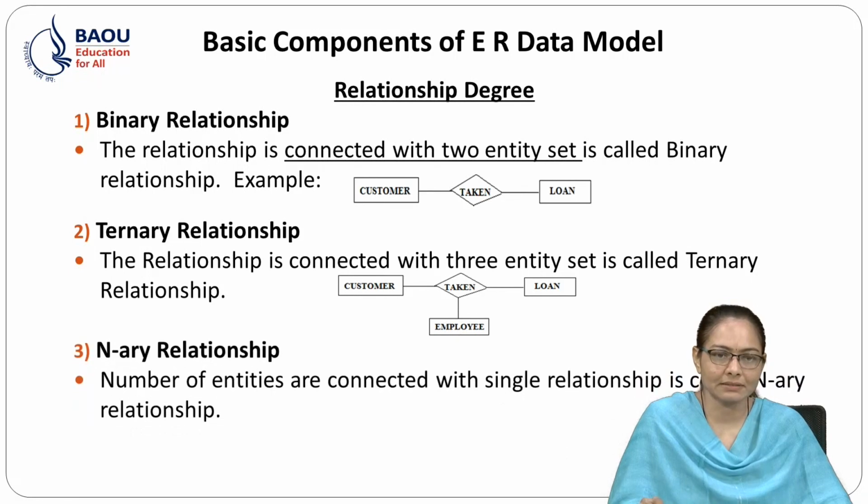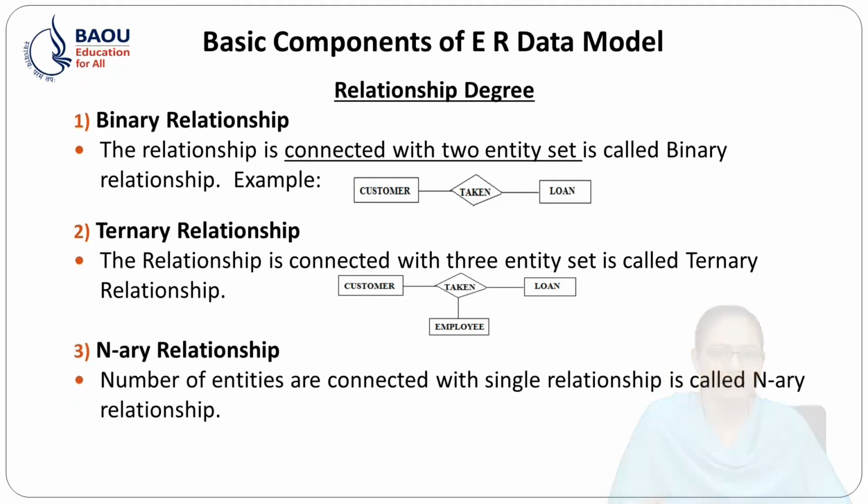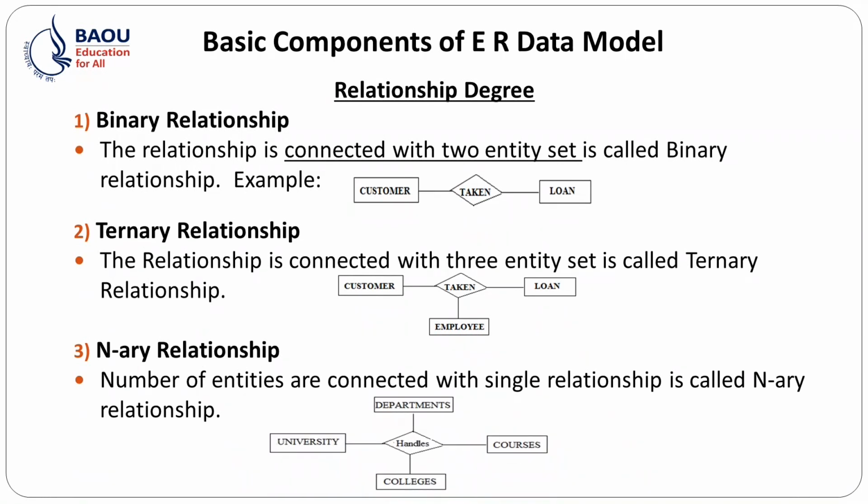Now the next one is the n-ary relationship. A number of entities connected with a single relationship is called an n-ary relationship. Here in the figure, the university, department, colleges and courses are the four entities connected with a single relationship.